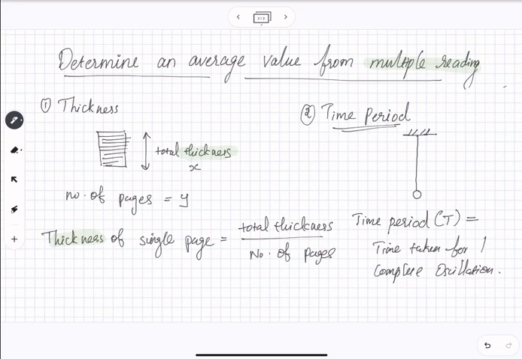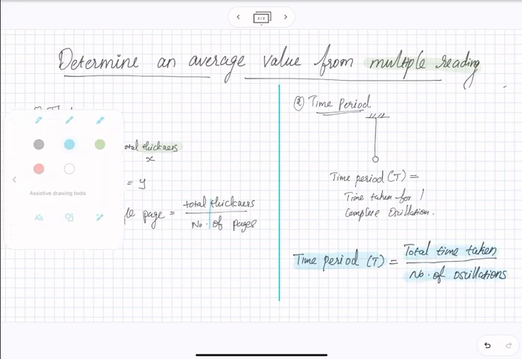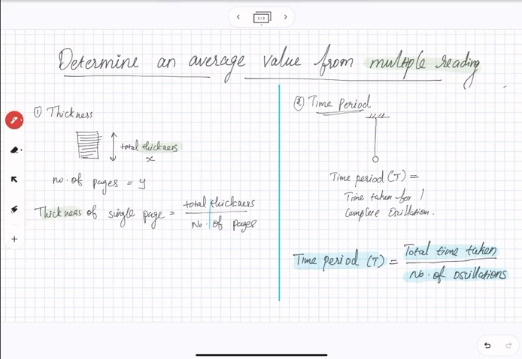Then we can find the average time or time for one oscillation. This is how we usually do. So as a formula we can write down time period is equal to total time taken divided by number of oscillations. So for example, a pendulum oscillates 10 times. So the number of oscillations is 10 and it takes a time of 5 seconds.